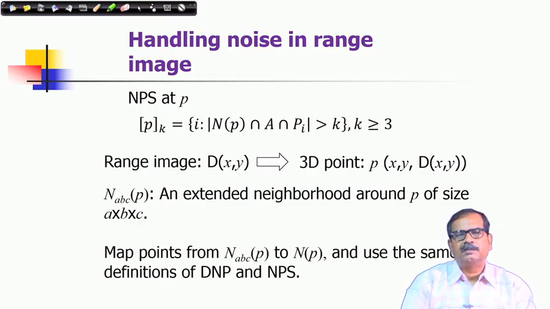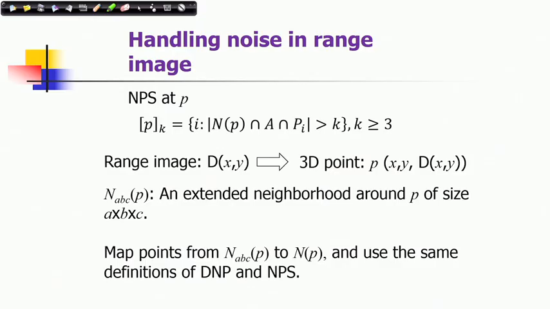So, what we can do here, just to, this is a trick that has been used in this technique, is that this tolerance has been accounted for by the fact that we map a set of points in this extended neighborhood to a point of the 3 cross 3 cross 3 neighborhood, to those variables.